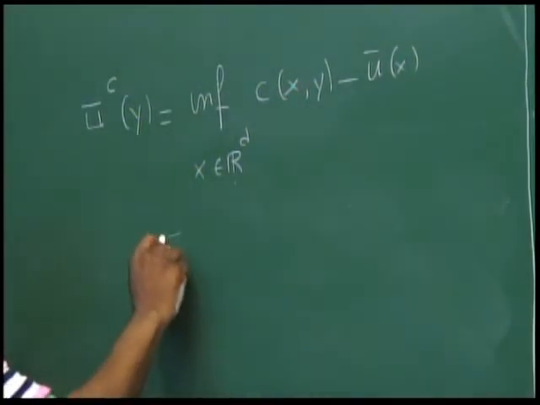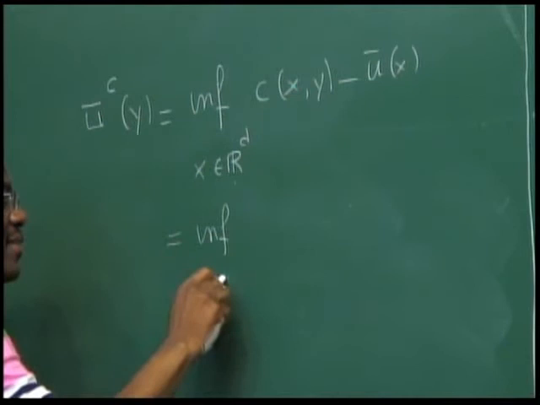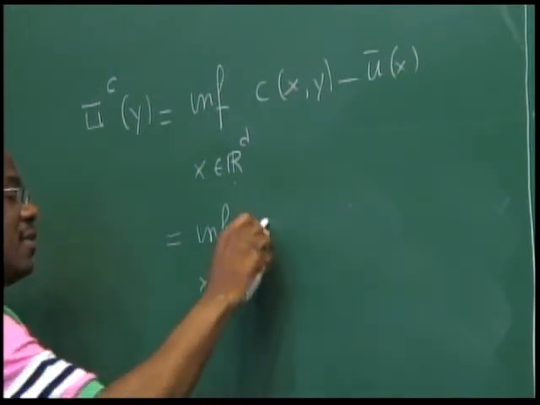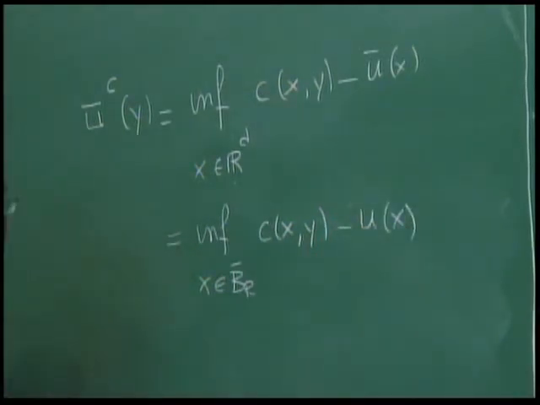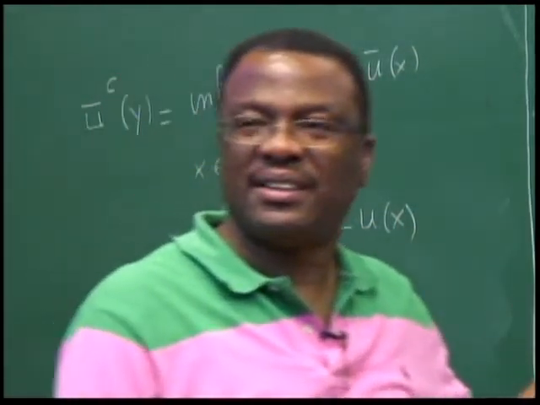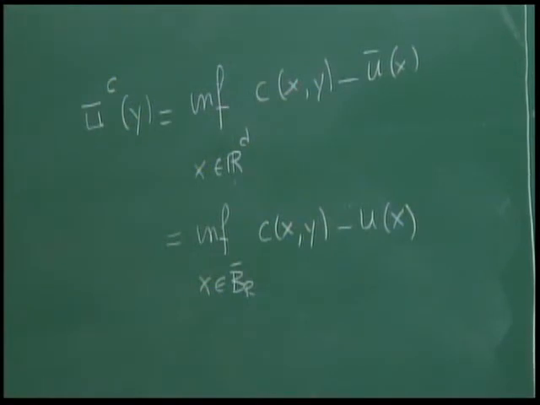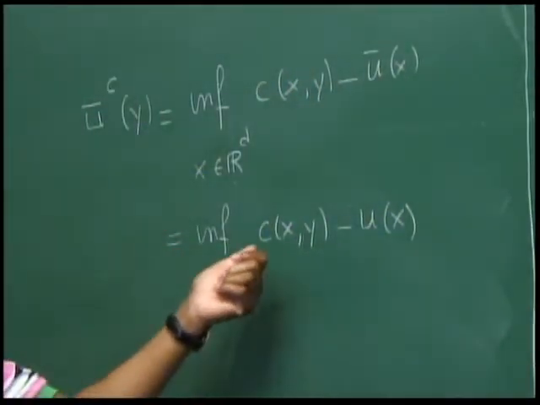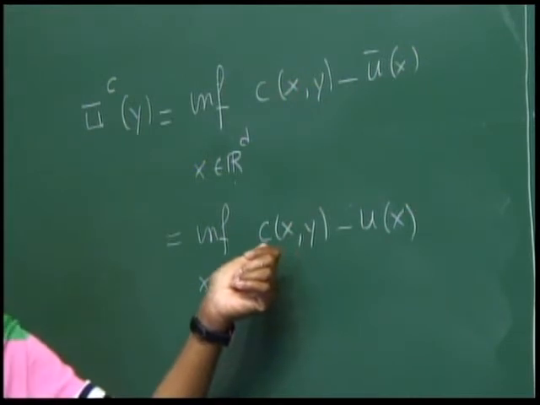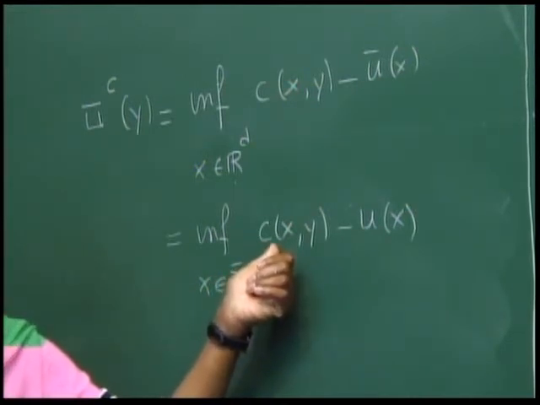And so I can write that this is the infimum, x is in the closed ball, of C of x, y minus u of x. And you see immediately why the function becomes Lipschitz. I am minimizing over x in B_R. And we will see immediately that the Lipschitz constant of this function is less than or equal to the Lipschitz constant of C.